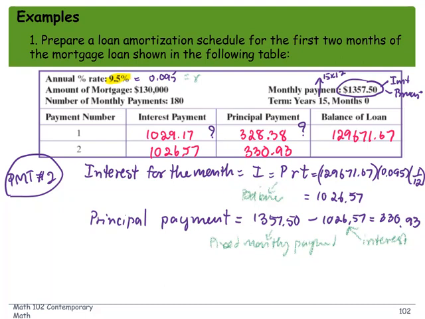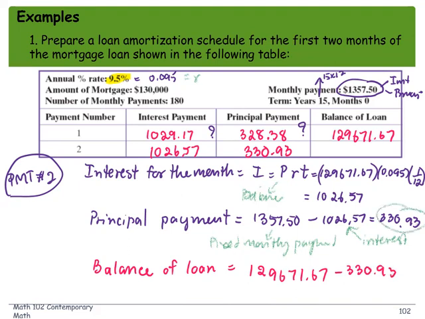And then the last part, we compute the balance of the loan after this payment. The balance is the balance from the previous row, payment number 1, which is 129,671.67, subtracted by the principal portion for this payment, 330.93.